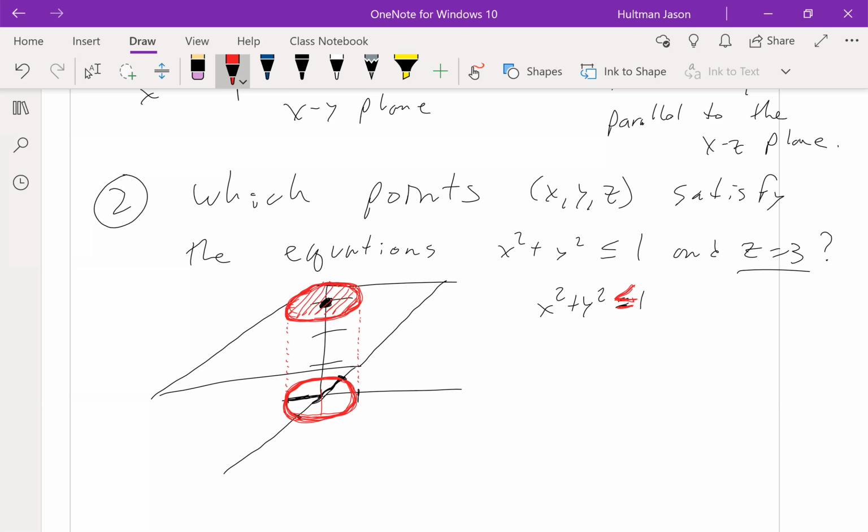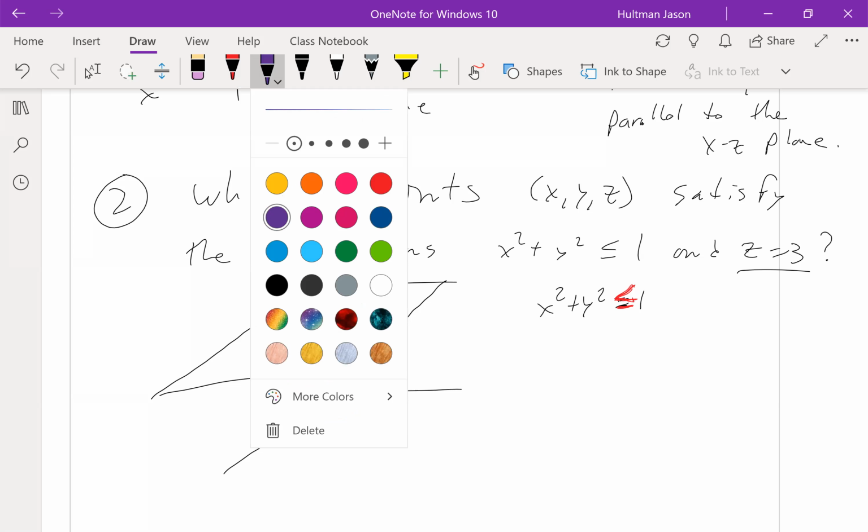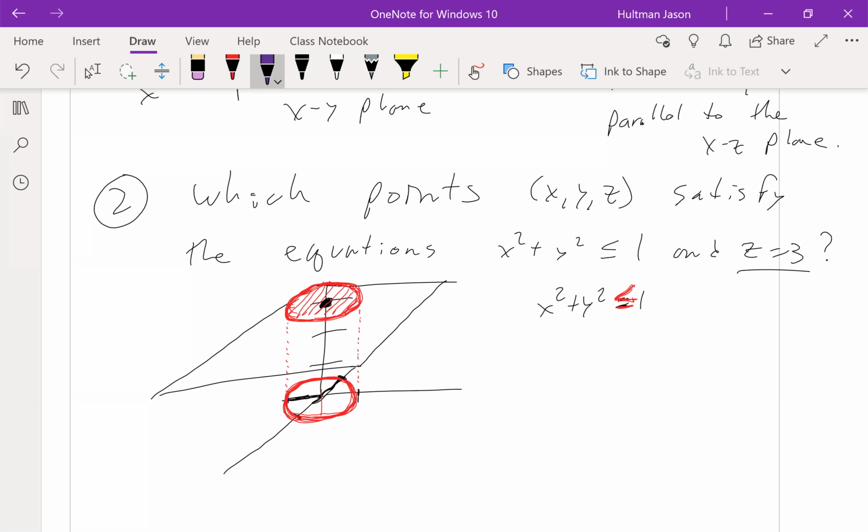So I don't know how we want to formalize this. Maybe the purple will be the formal one here. Let's formalize this and say, look, this is the surface that I'm looking for. Does that make sense?